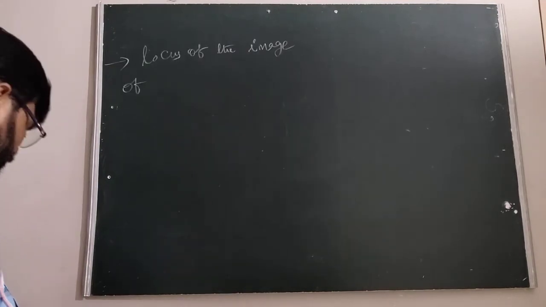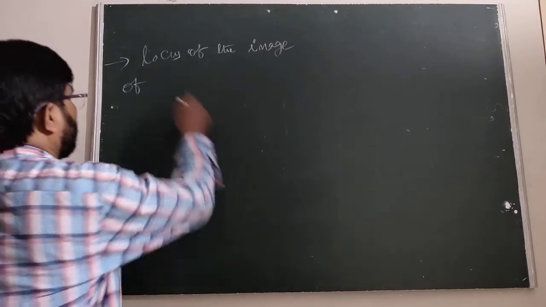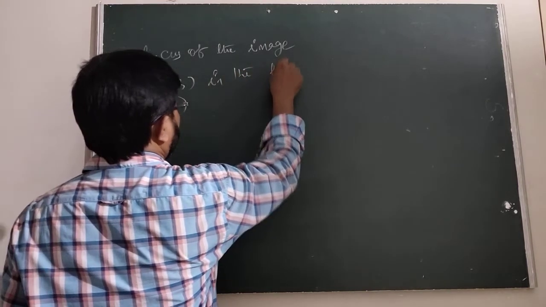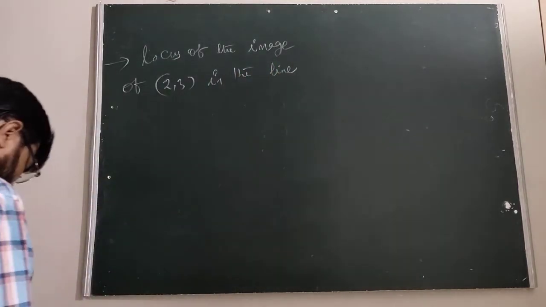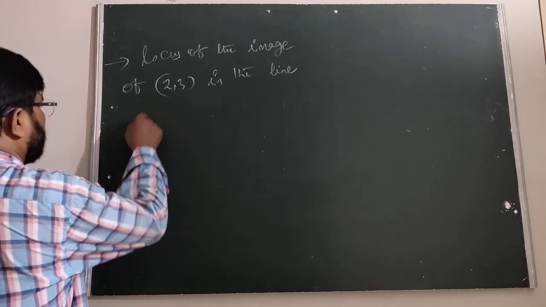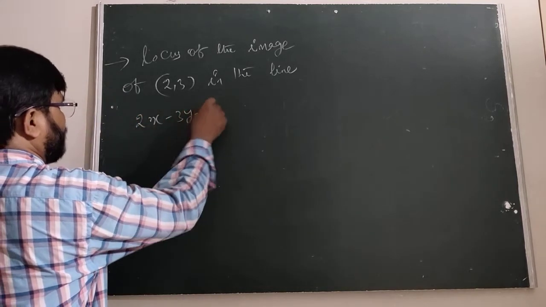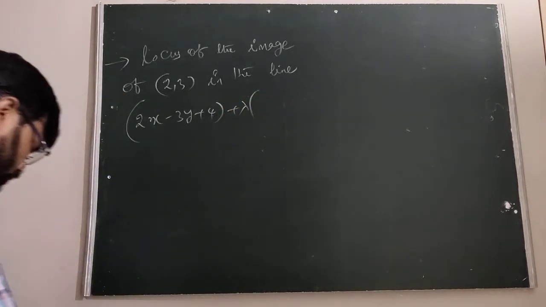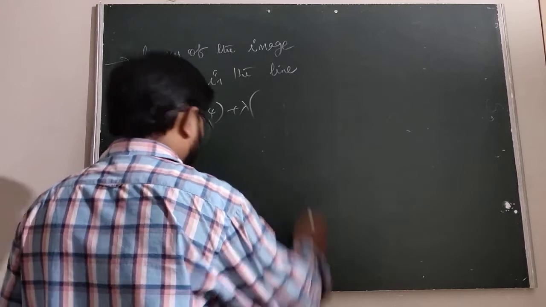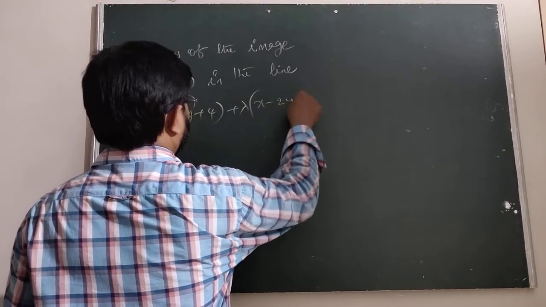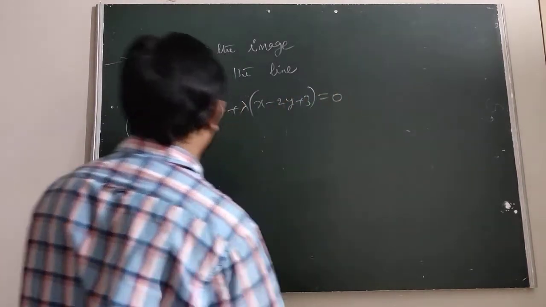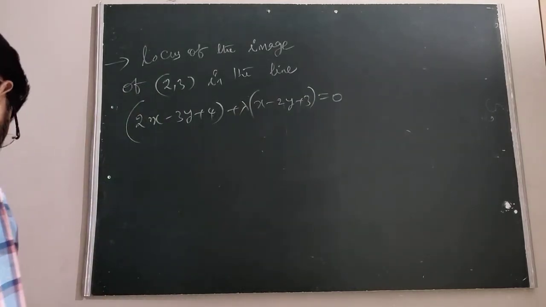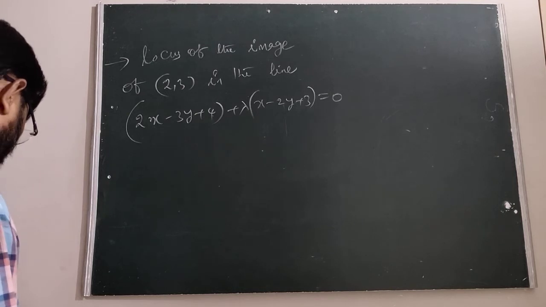The locus of the image of (2, 3) in the line, all of you listen here, in the line 2x - 3y + 4 + λ(x - 2y + 3) = 0.